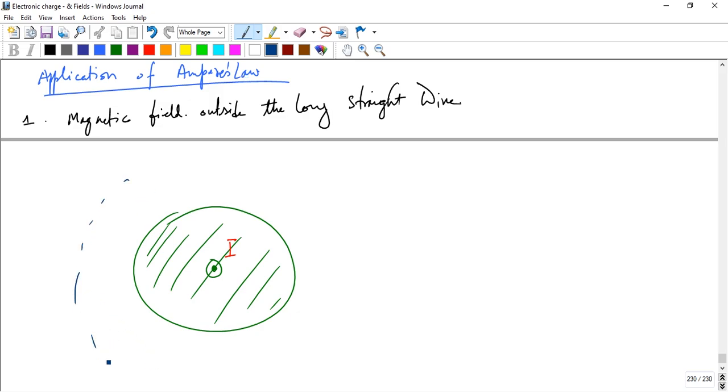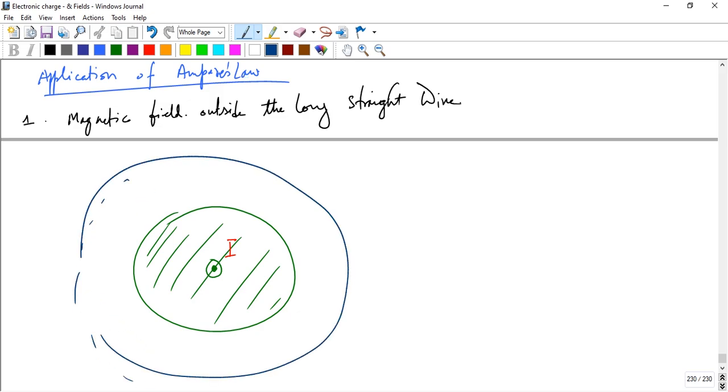This blue line is the Amperian loop, and it looks like a circle. Now we assume that this is a perfect circle, and this is the wire surface.